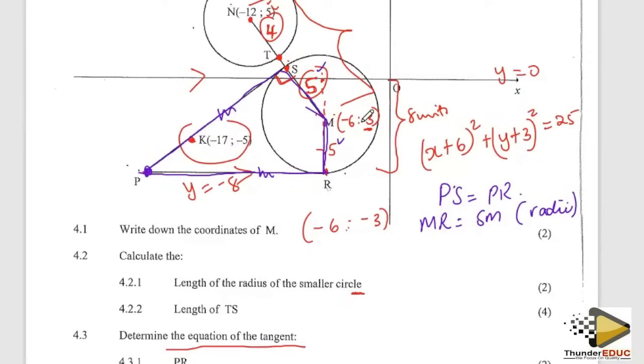What are we going to do? Since I have the equation of this line, 3/4x plus 31/4, I can get the coordinates of this. Then I'll know that my coordinates of R are -6 and -8, by the straight line.